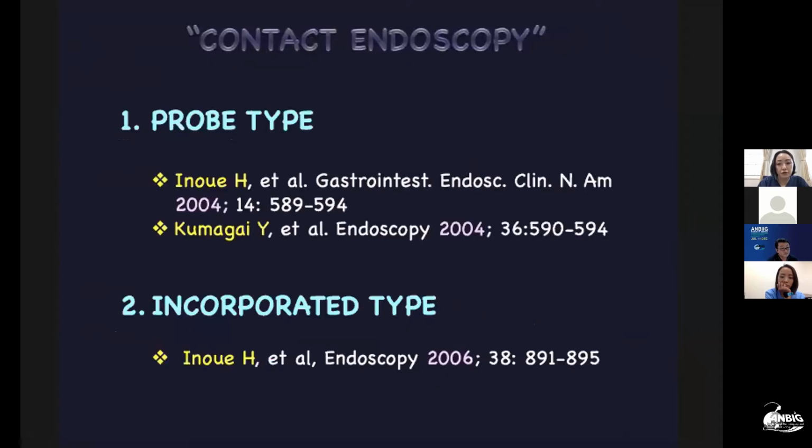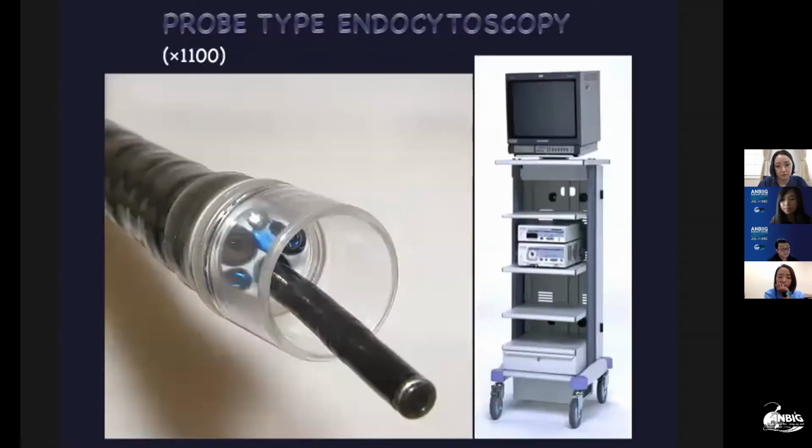The history of contact endoscopy started with the probe-type endocytoscopy. Professor Inoue and Kumagai were the original inventors of the device, with the cooperation of Olympus. This is one of the earliest versions of probe-type endocytoscopy.